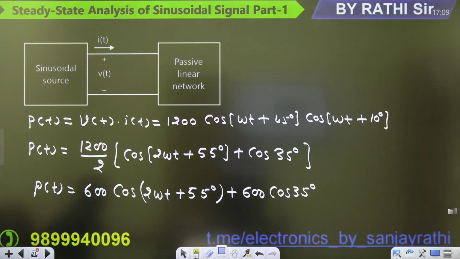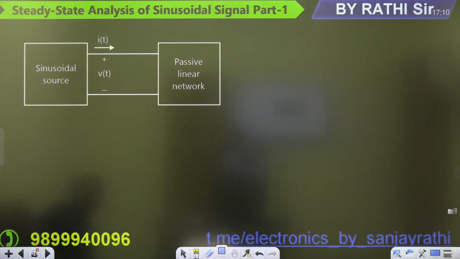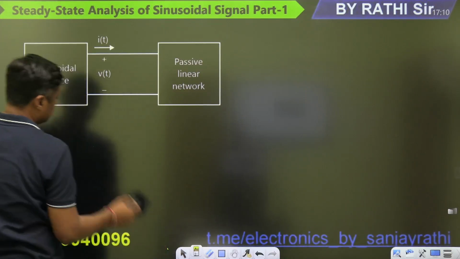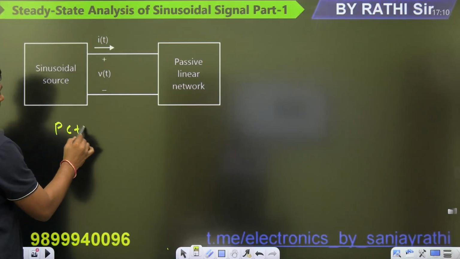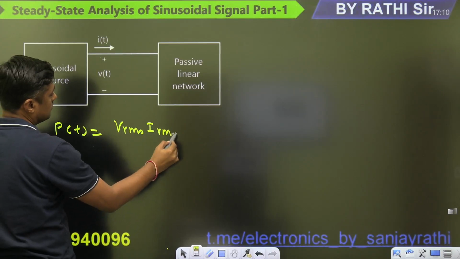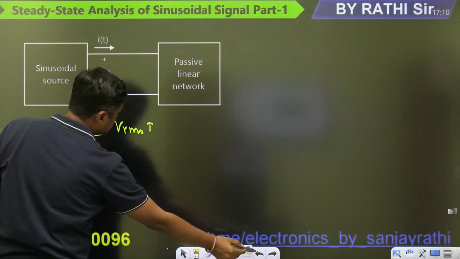Okay. Yes, you can find it. This is the formula. Yes, we have the formula. What is the formula for that? VRMS, IRMS, or what was the formula?